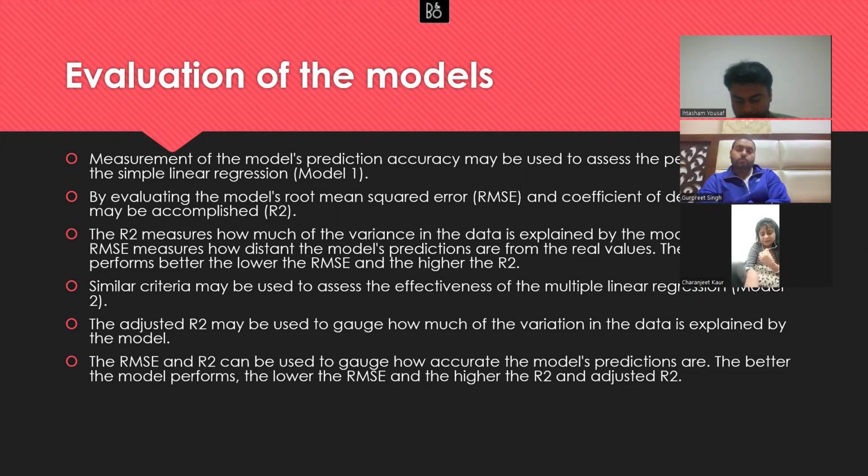Measurements of prediction accuracy may be used to assess the performance of the simple linear regression. In this process, root mean squared error and the coefficient of determination help in completing the task. R2 measures how much of the variance in the data is explained by the model, whereas the RMSE shows how distant the model's predictions are from the real values.